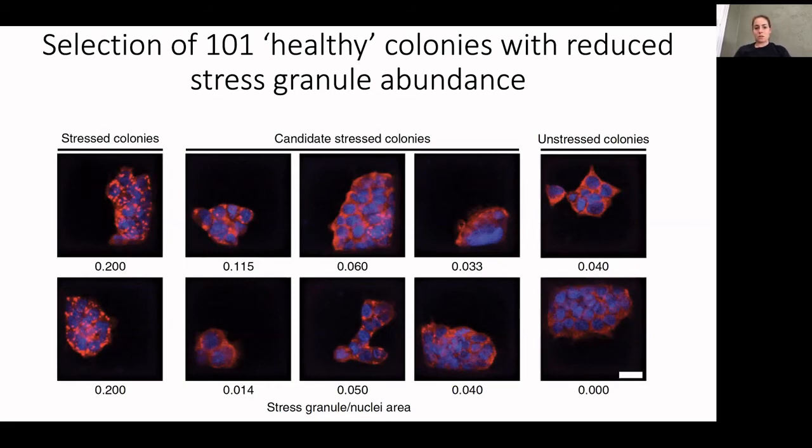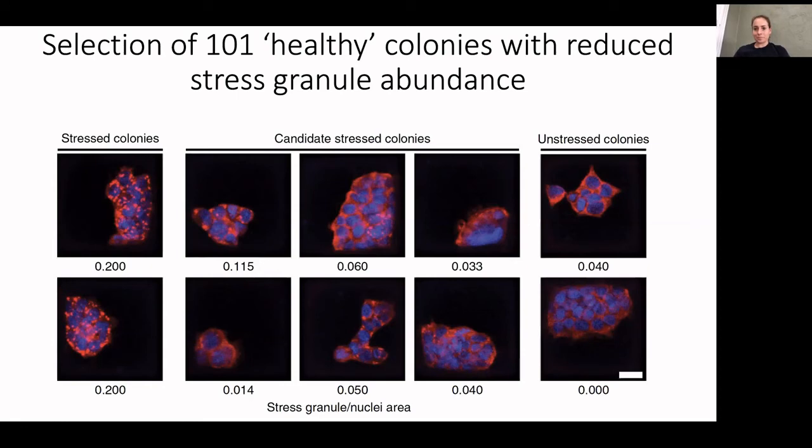So we just did the best we could to grab the lowest colonies overall that still seemed reasonably healthy. And then we decided to focus on that as kind of a positive selection. So if we take the lowest overall, what are the guide RNAs in there? And then what can we learn from that and validate in an independent manner?